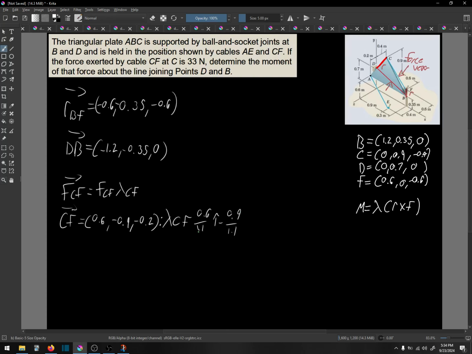It's 1.1, not 11. And then we can also do lambda DB and lambda for BF.